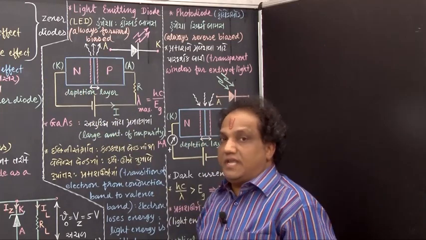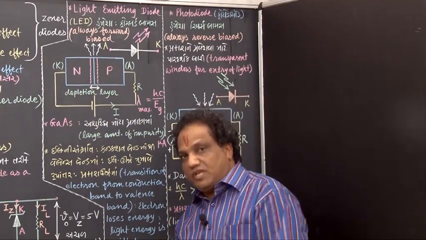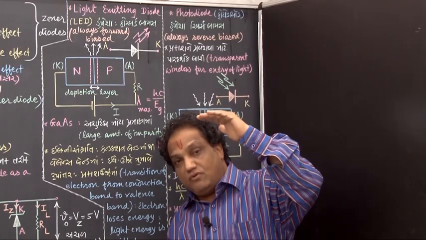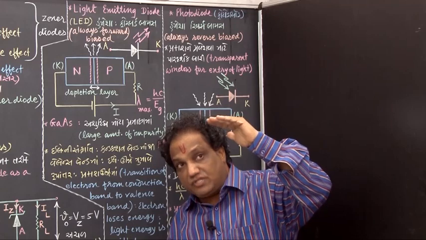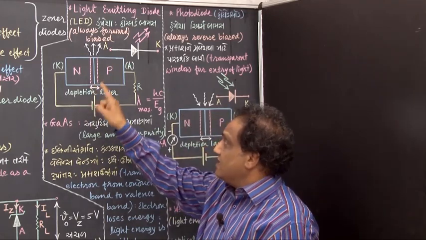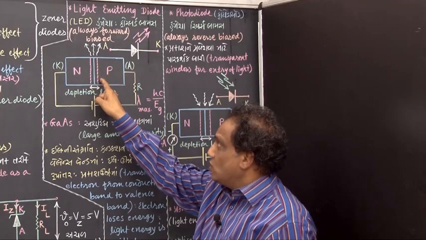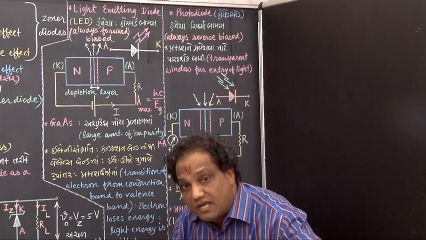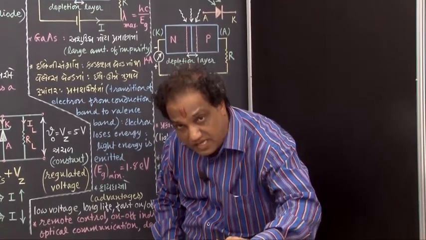Now, in N type semiconductor, which are the majority charge carriers? Negatively charged free electrons, but they have very high energy because they are in the conduction band. When they enter the P type semiconductor and combine with holes, where are the holes? Holes are in the lower energy band, which is the valence band.